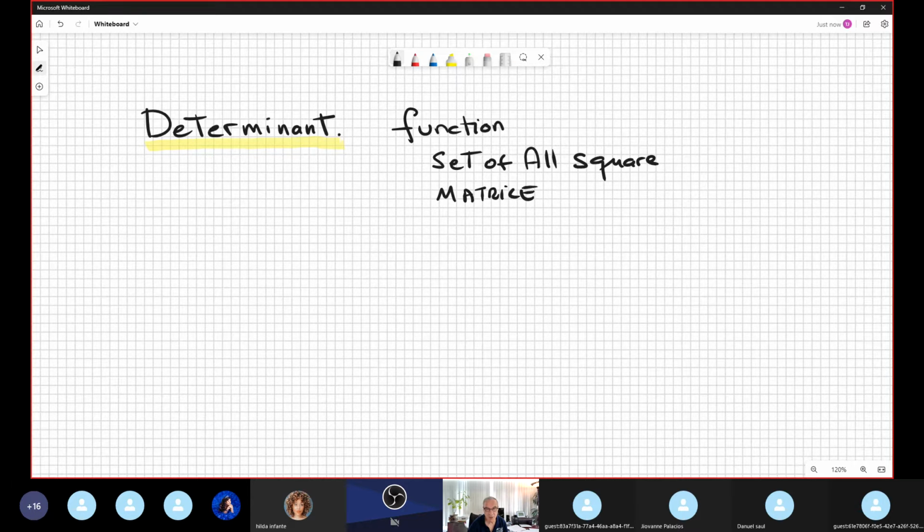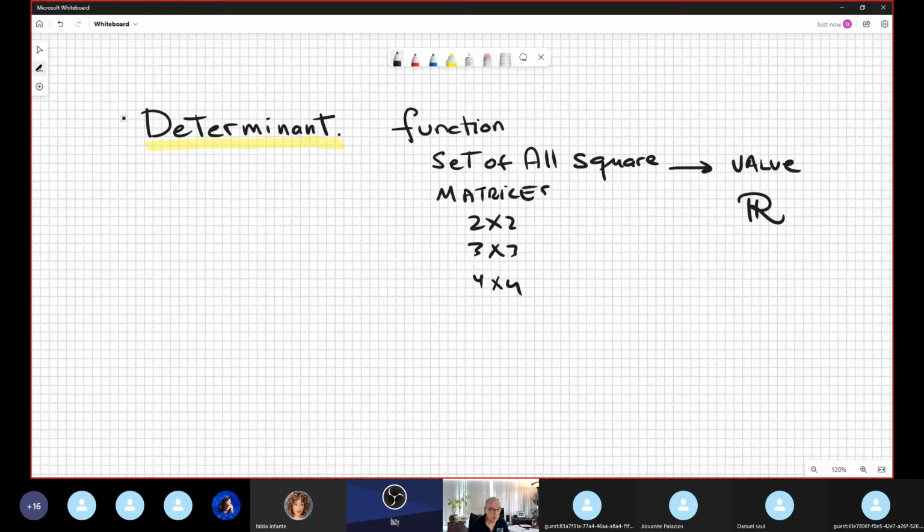When you're talking about square matrix 2 by 2, 3 by 3, and so on, no? 4 by 4, connecting somehow with one real number, one value, that belongs to all real numbers. Okay, so basically we can compute determinant only for the square matrix.